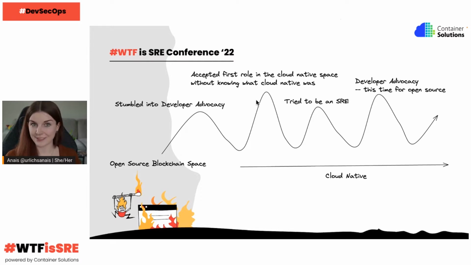Then something happened, which I'm going to talk about in a second, which caused me to look at different industries. That's how I stumbled into cloud native, into the DevOps space, and worked first as developer advocate and then tried myself as SRE last year. Now I'm back at developer advocacy, working at Aqua Security as their open source developer advocate.